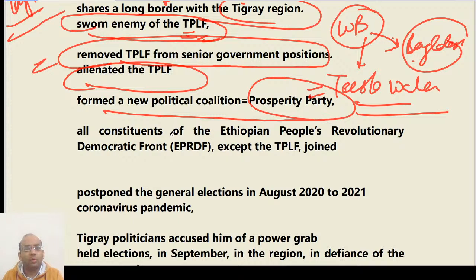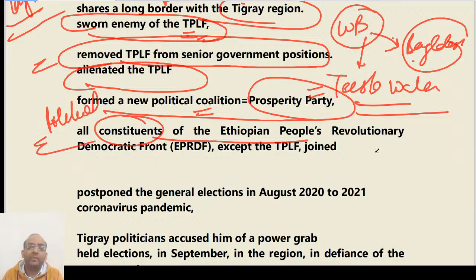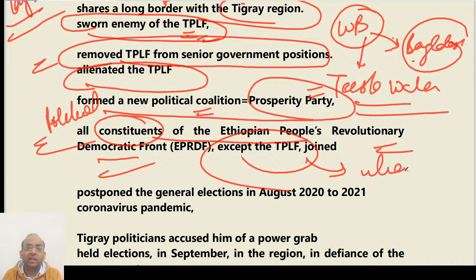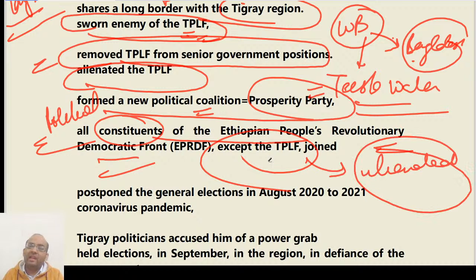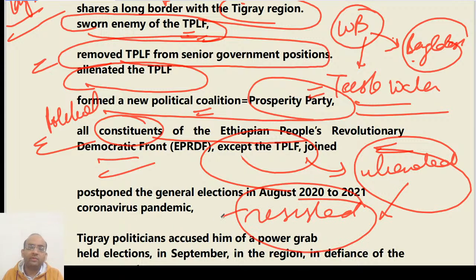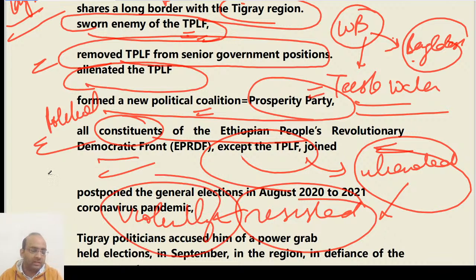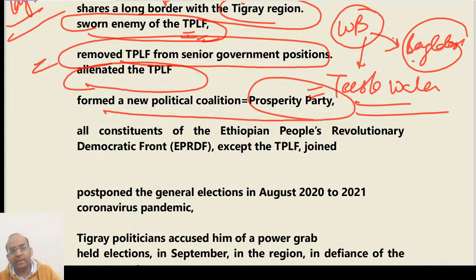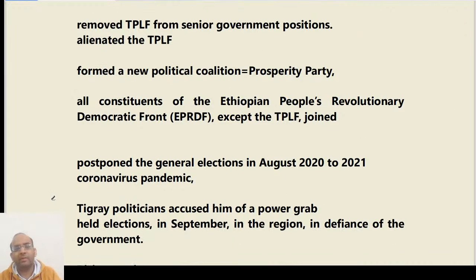So basically, a new coalition has been formed which has all the constituents, that is, all the political parties of the Ethiopian People's Revolutionary Democratic Front except the TPLF. Basically, he is alienating the TPLF. So alienation would always be resisted, most frequently violently. And the same thing happened in Ethiopia also.